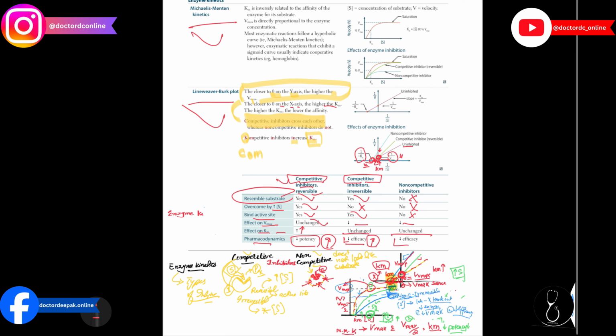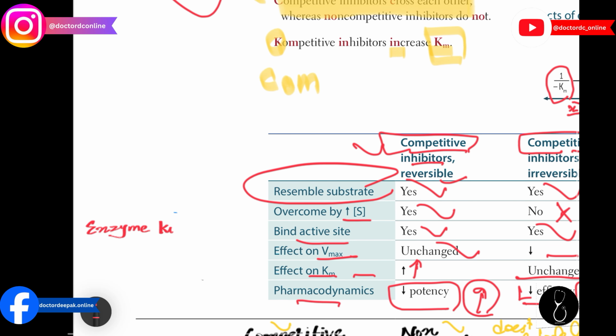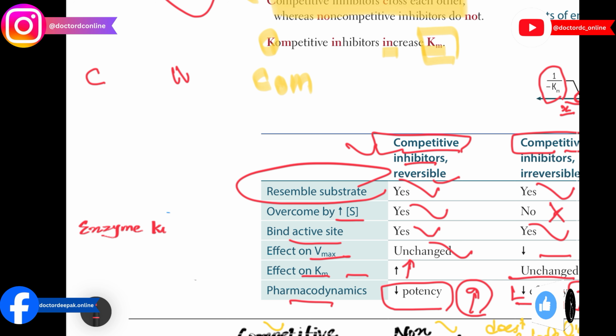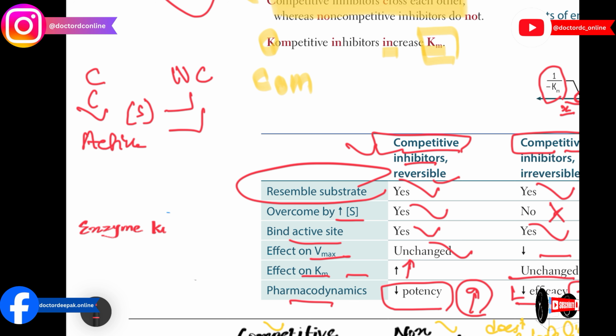So that's all about enzyme kinetics. But I want to make a difference again between the competitive and non-competitive. It is a competitive and it's a non-competitive. The competitive is similar to the substrate, and the other is not. It binds with the active site, and the other does not. And it can be overcome with substrate concentration, but the non-competitive cannot.